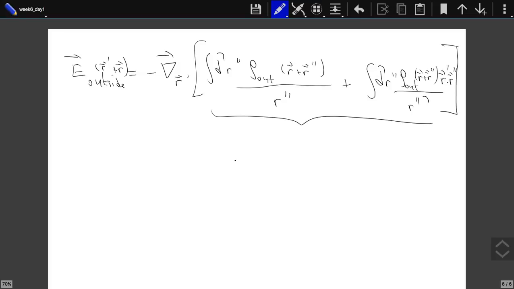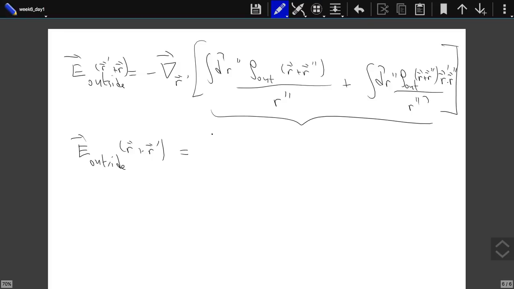You see, if you just follow the steps that allowed us to reach this expression, we are looking at the electric field at r plus r prime. Again, I repeat, r is the center of our volume v prime. R prime is the position at which we are evaluating the electric field relative to the point r.